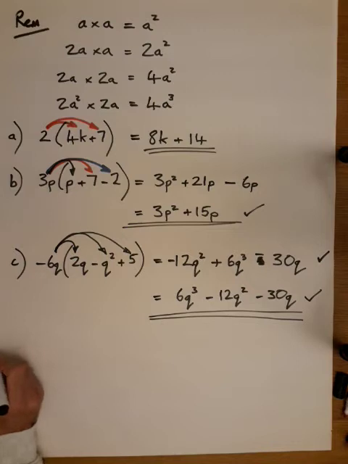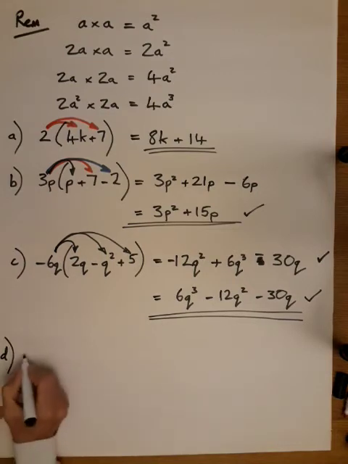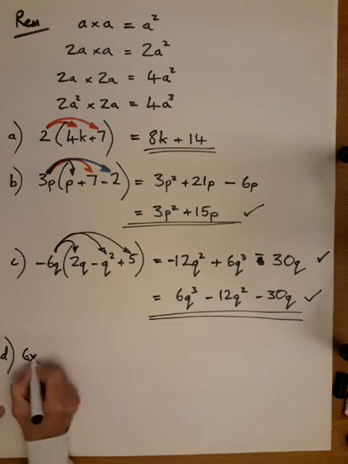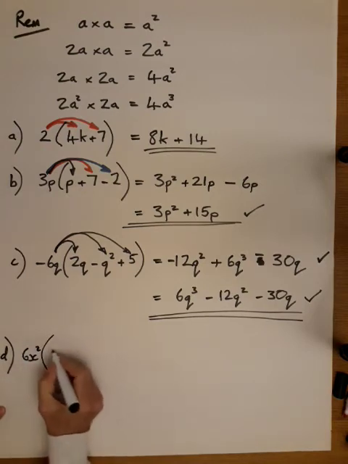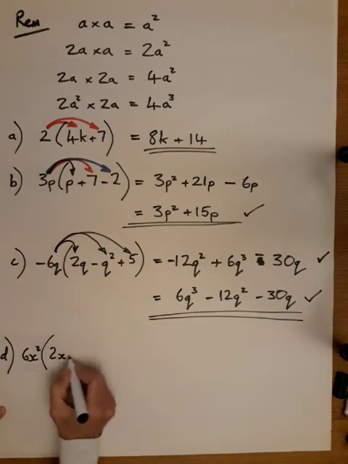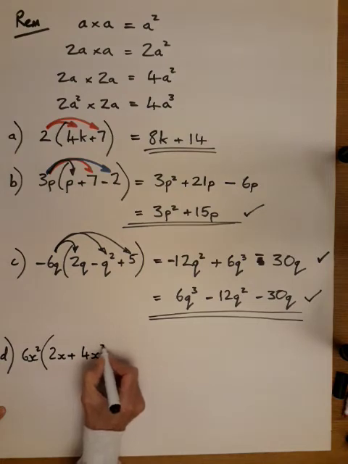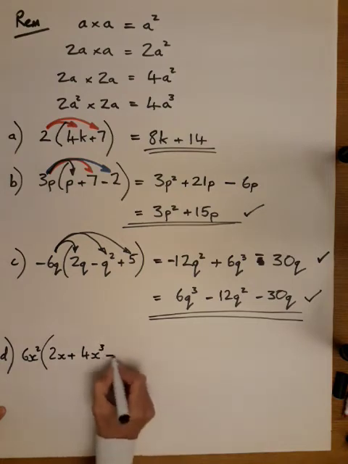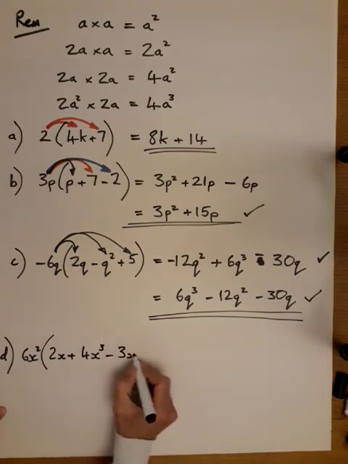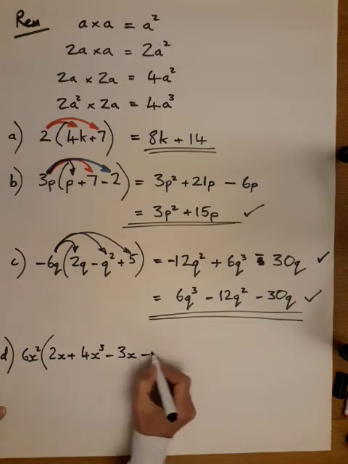Might have problems squeezing this in. So 6x squared times 2x plus 4x cubed minus 3x minus 6.